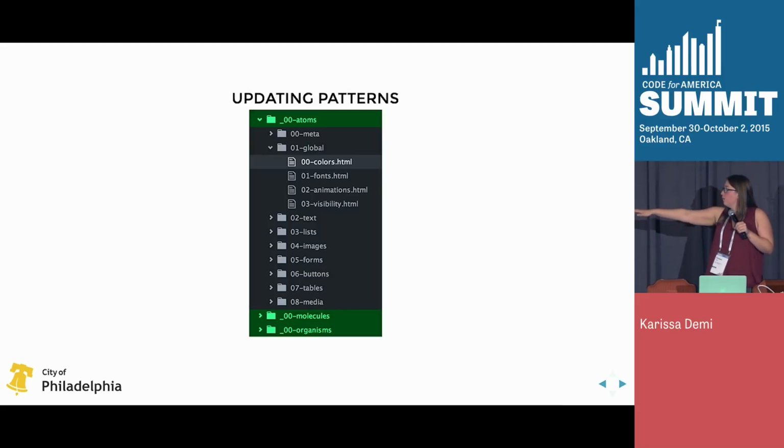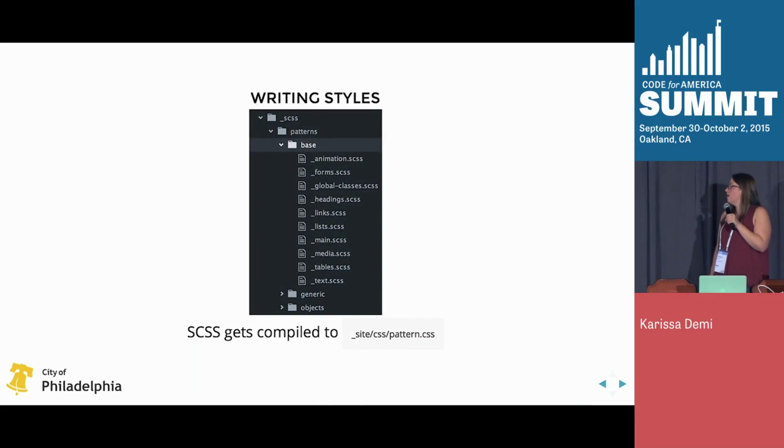And if we look down the tree of what's here, we're getting things like colors and fonts and animations, visibility, these really specific small pieces of our styles, and those come together to create what we're really talking about, those HTML elements. So that's the markup side, and then there is the style side. So we use Sass to write all of our styles, and the pattern portfolio is no different.